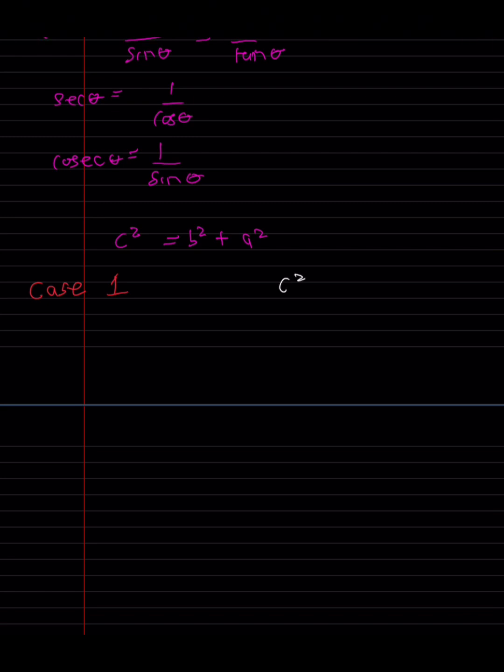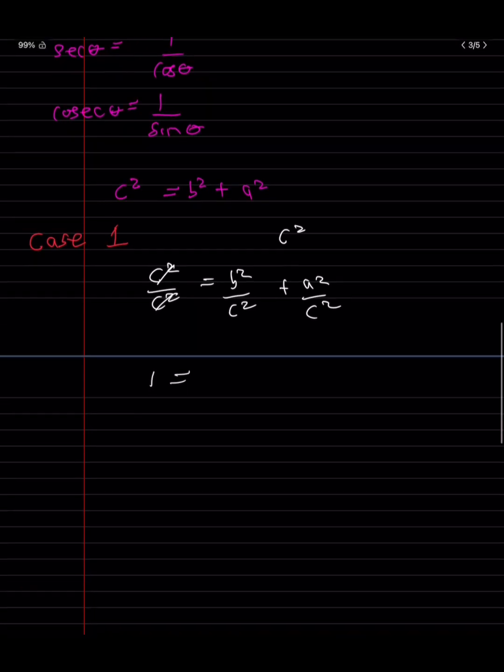This cancels and we get 1, equal to (b over c) all squared plus (a over c) all squared.